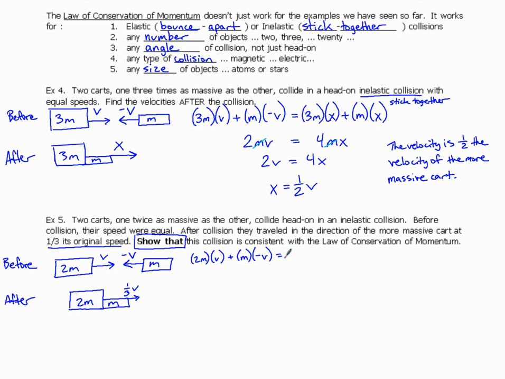And in the after conditions, we have a cart of mass 2m, and its new velocity is 1/3 v, plus second cart mass m, its velocity is also 1/3 of the original velocity.